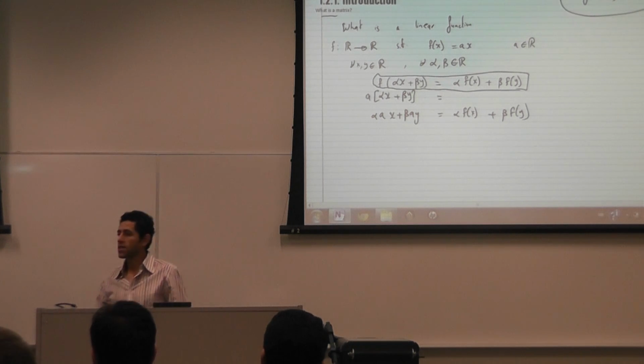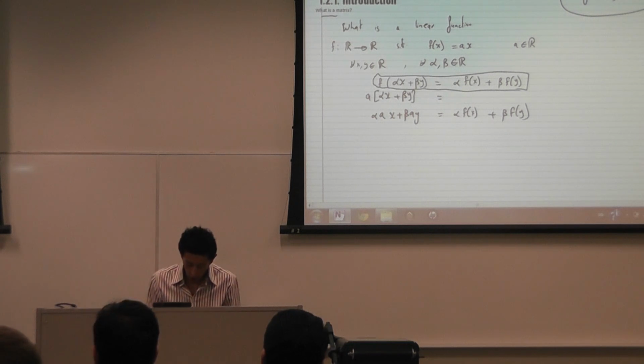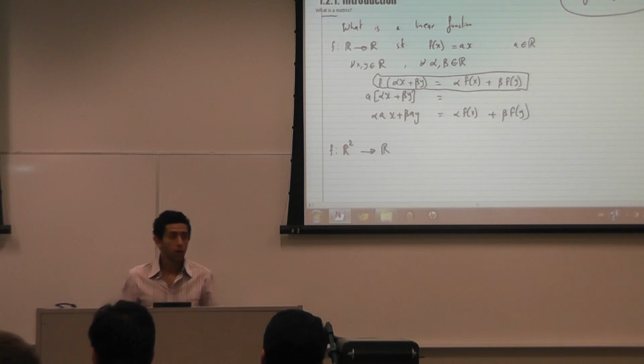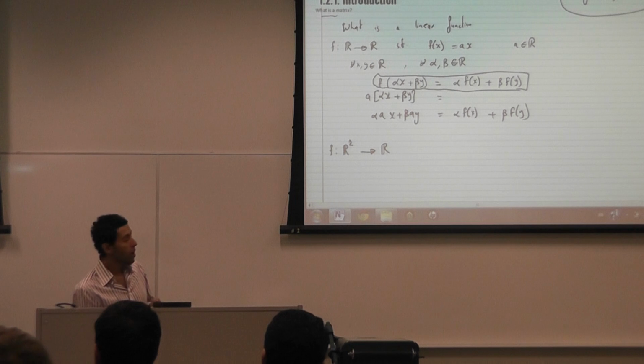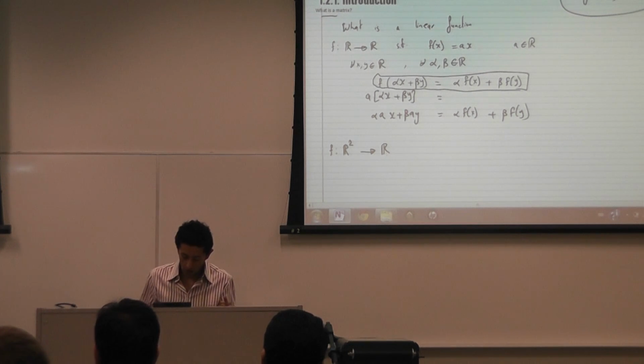Now let's try to extend this linear function from R to R and extend it from R squared to R. Well, how can I extend it from R squared to R? A vector in R squared is made out of two components.